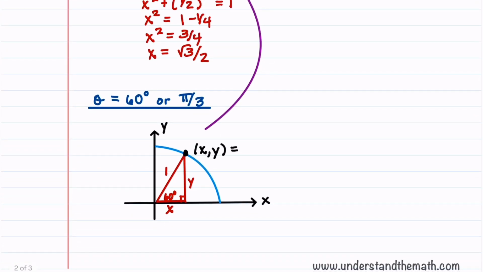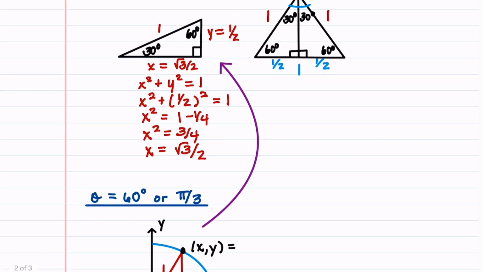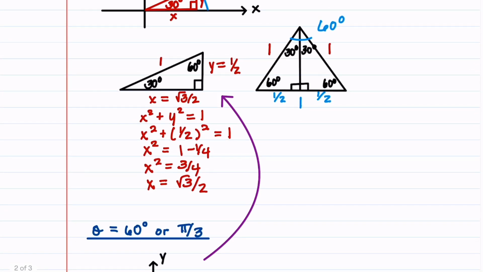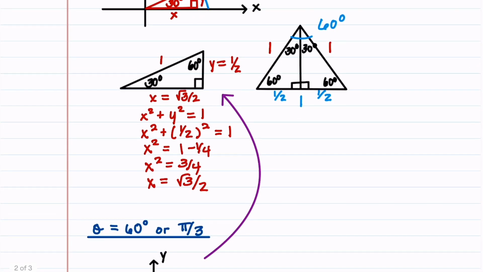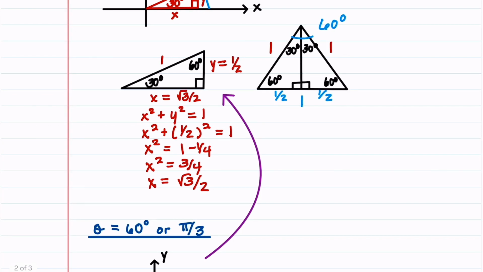The next angle that we're going to look at is 60 degrees. If you look at the two triangles that we placed together, I'm going to pull that down here. You can see that the side opposite 30 degrees is 1/2, and the side opposite 60 degrees is the value that we just found, root 3 over 2.